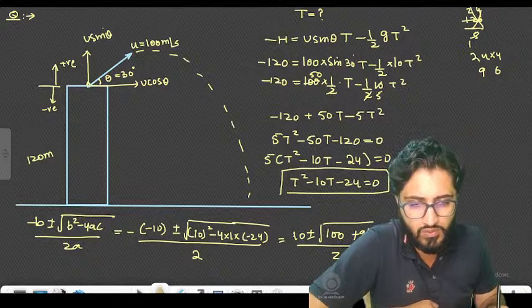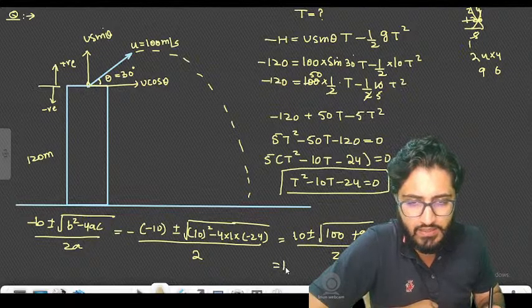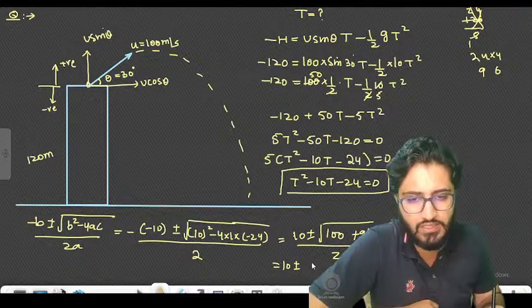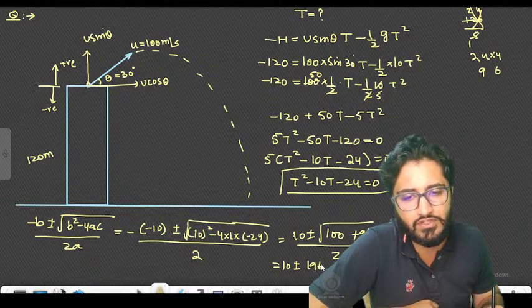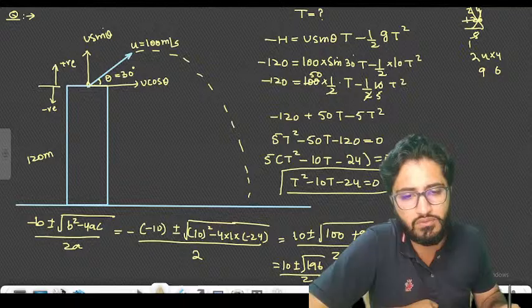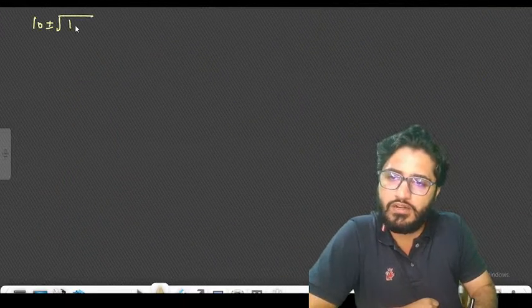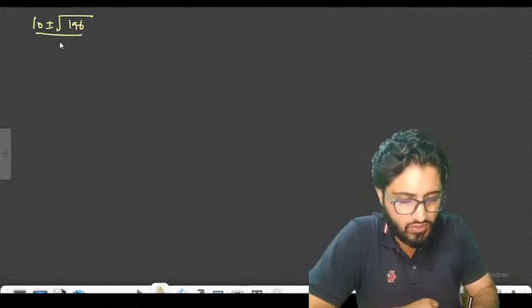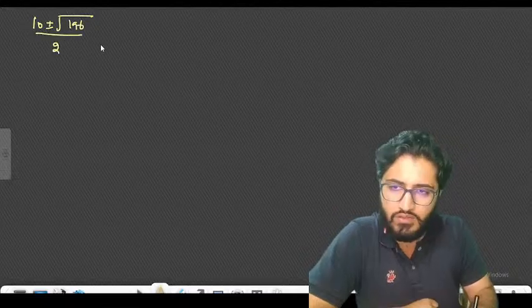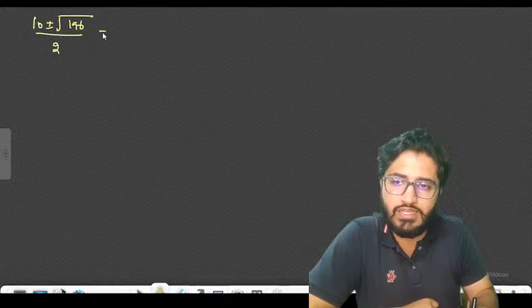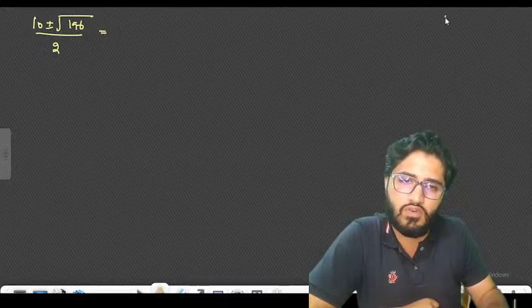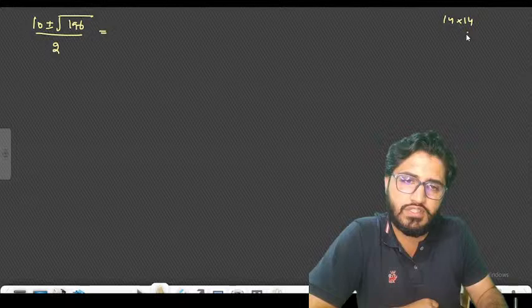So how to write now? I can write here 10 plus minus under root of 100 plus 96, which is 196, divided by 2. So 196 is 14, I guess. 14 into 14 is 196.